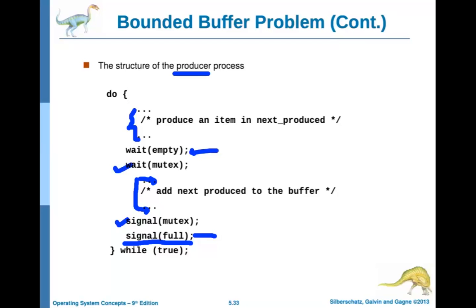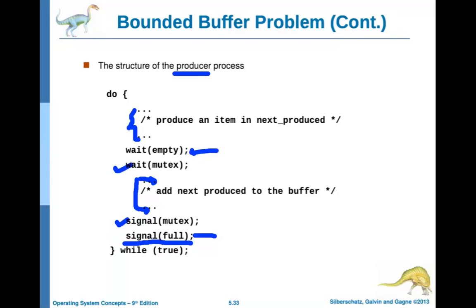And how many elements are in the buffer is denoted by the semaphore variable full. So if the producer produces, the producer has to increment it. If the consumer consumes an element, the consumer has to decrement it. And this increment is done by the signal operation and decrement is done by wait.